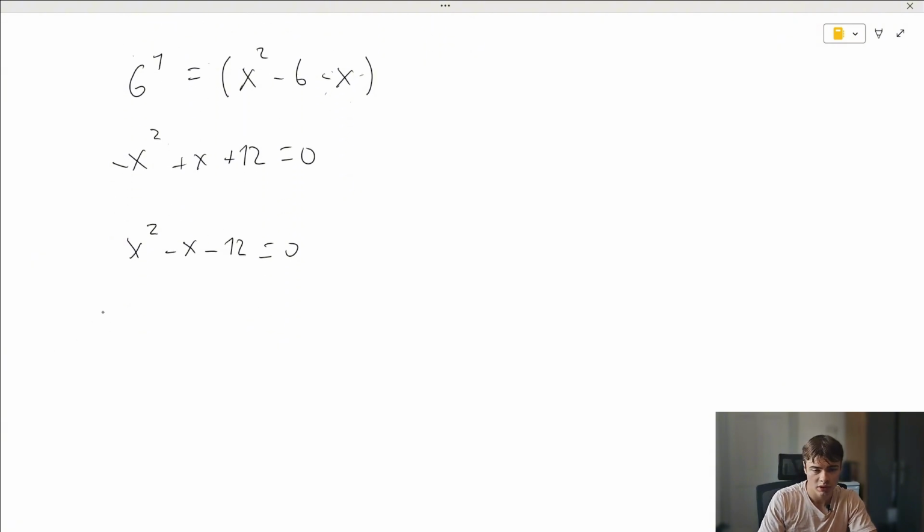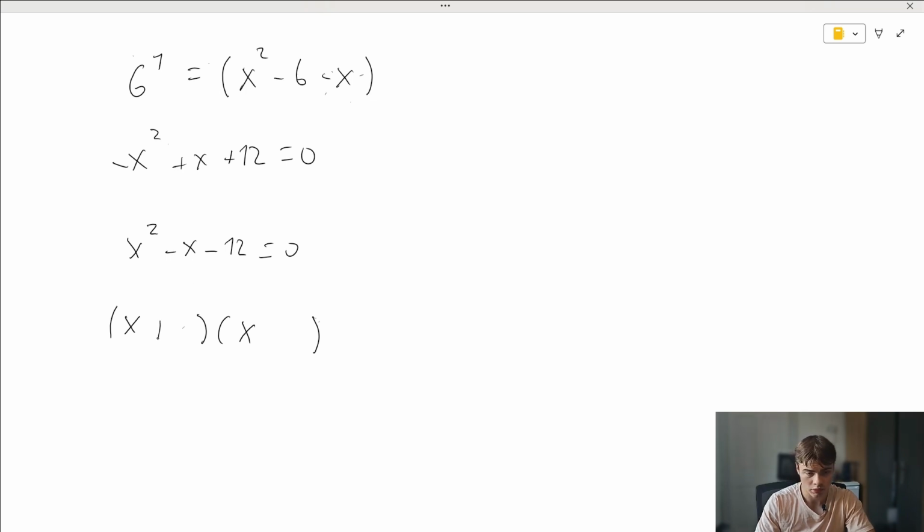Now let's try to factorize it. There's going to be x and something, and then again x and something. 12. Two numbers that multiply to give you minus 12 are minus 4 and 3, or minus 3 and 4. The sum of them needs to be equal to minus 1.